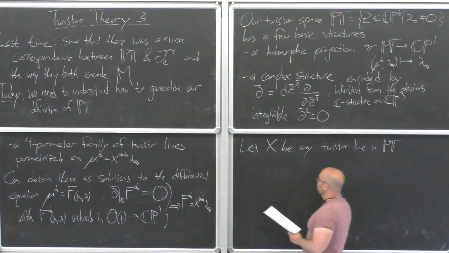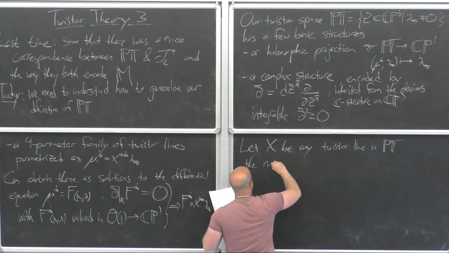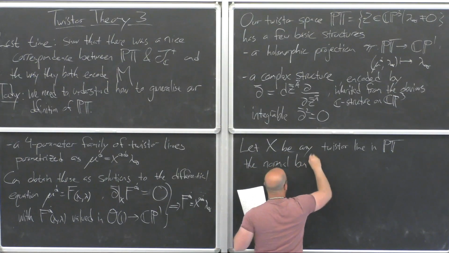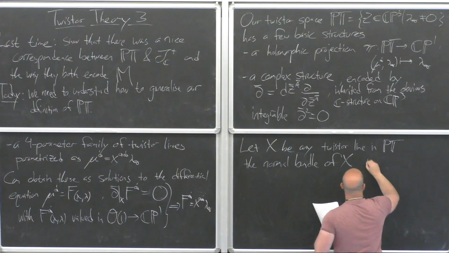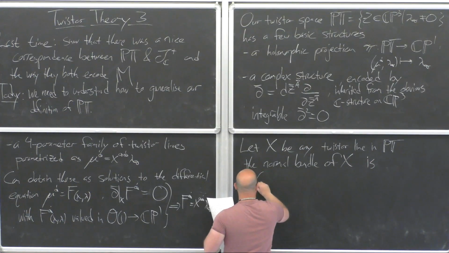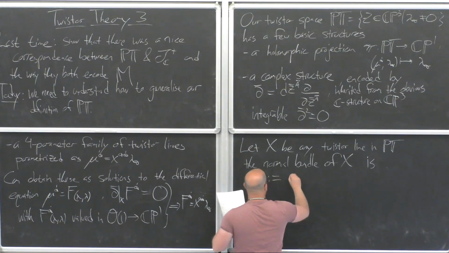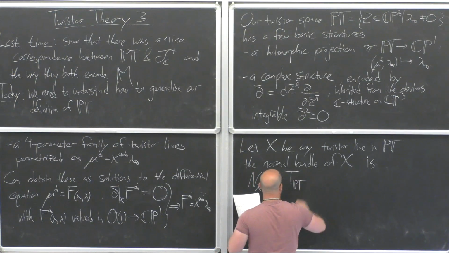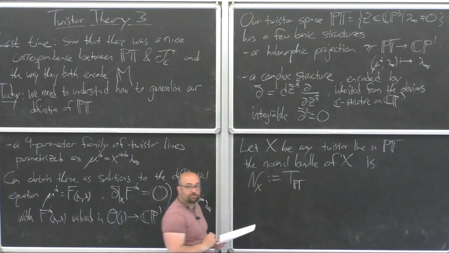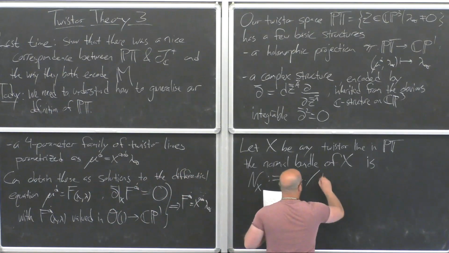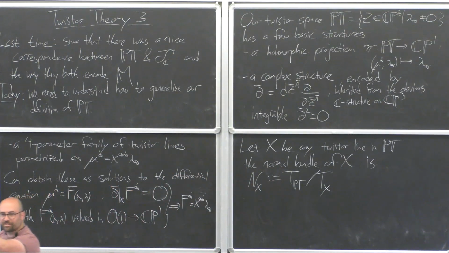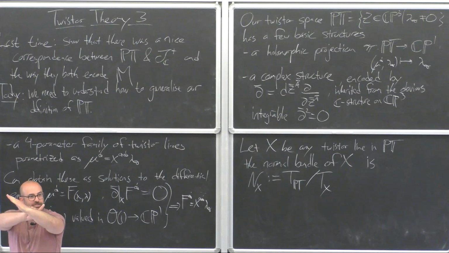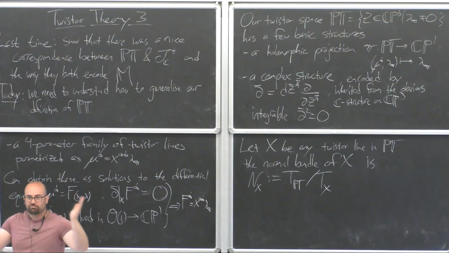The normal bundle of x, we'll call this thing curly N sub x, is defined by the holomorphic tangent bundle of the ambient space, of twistor space, quotiented by the tangent bundle of the line. So the name says it all. I have some lines sitting inside CP3 as a submanifold. The normal bundle is all the vectors which are not tangent to that line. Okay.